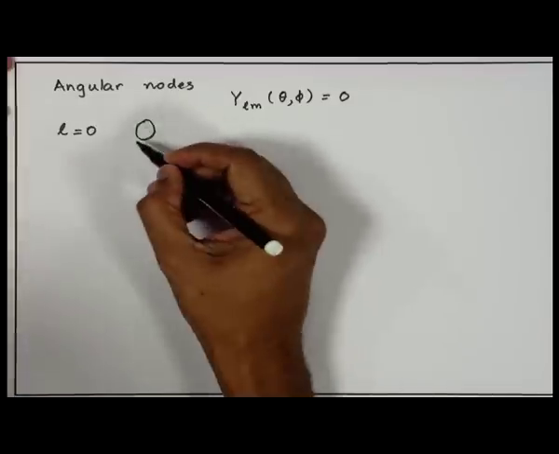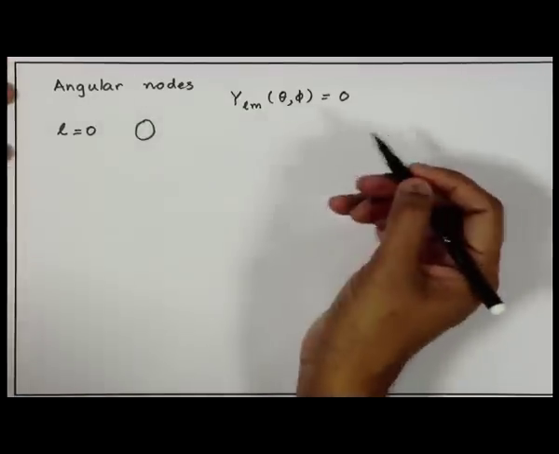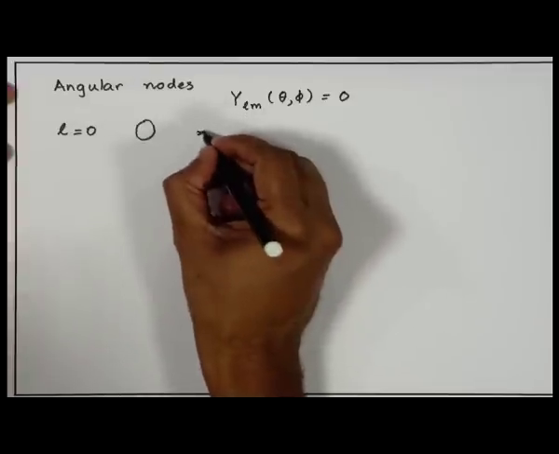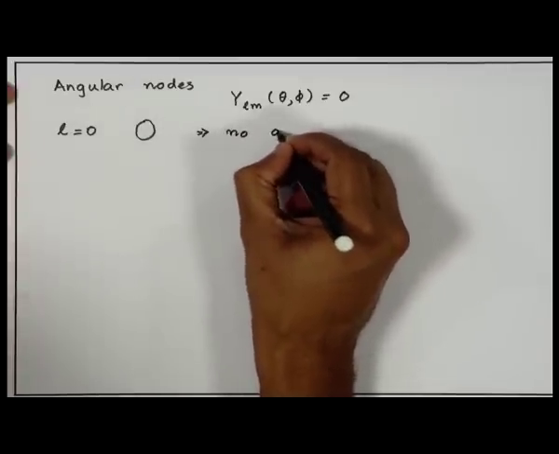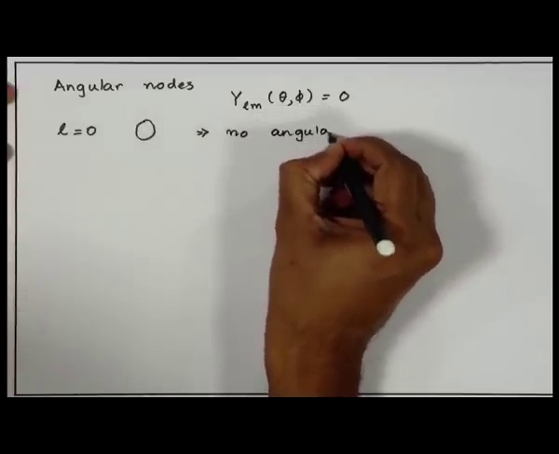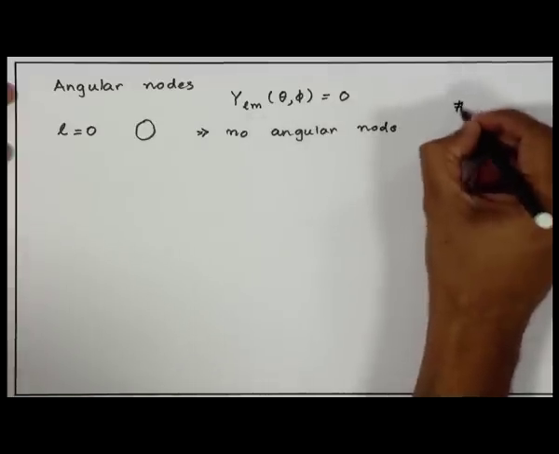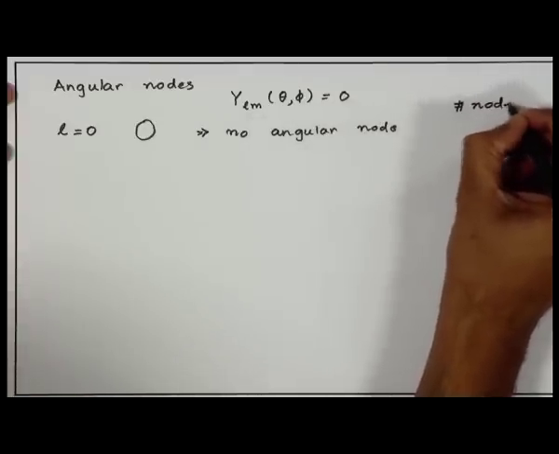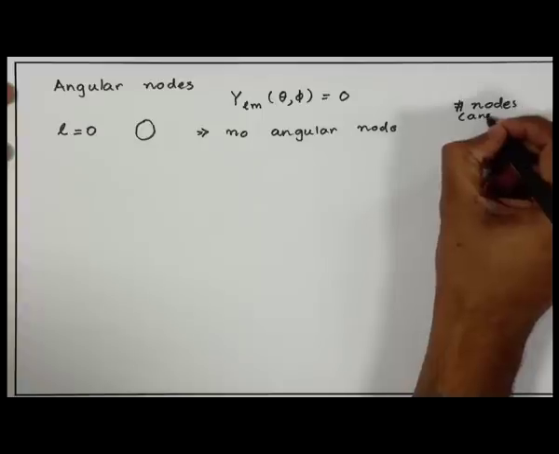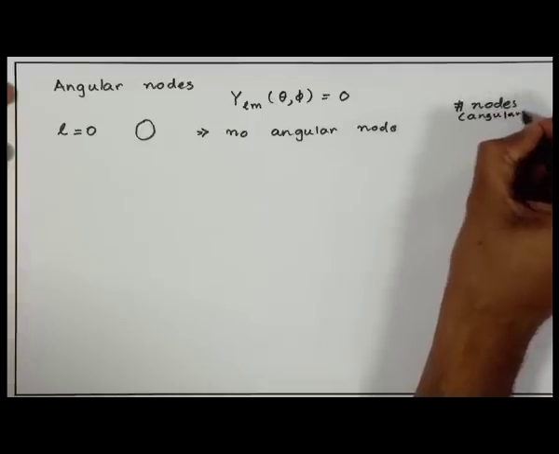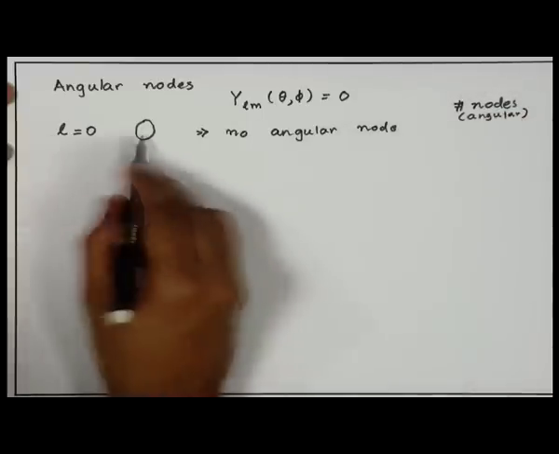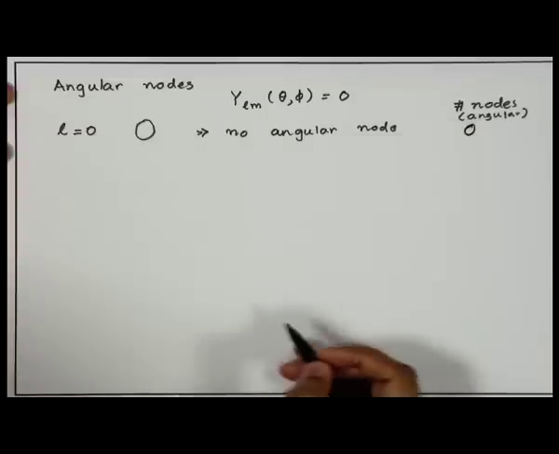So, when L is 0, you do not have any angular node. Here we will count the number of nodes that are angular. When L is 0, there are 0 angular nodes.